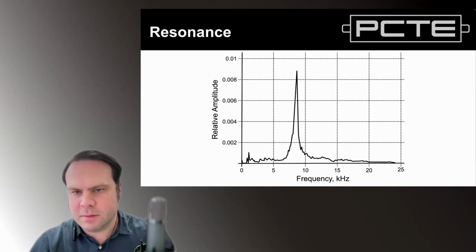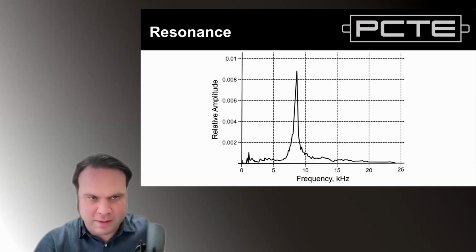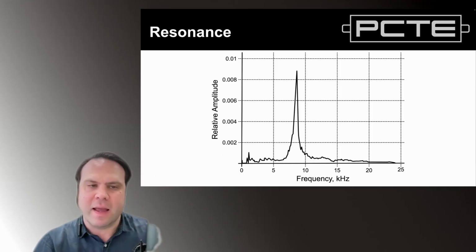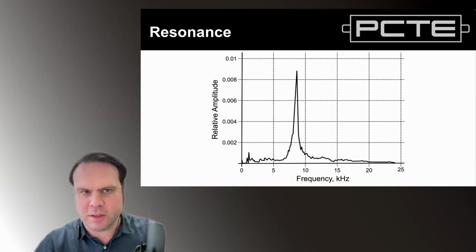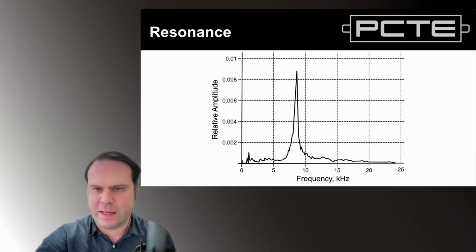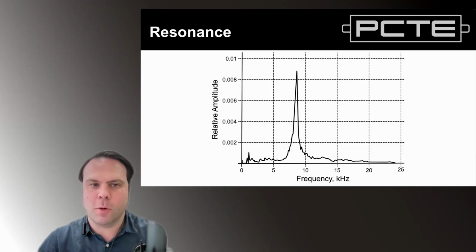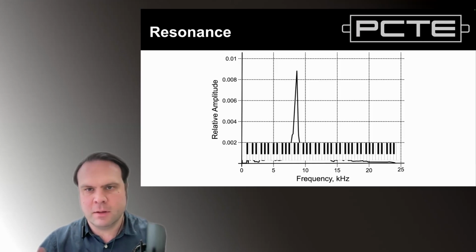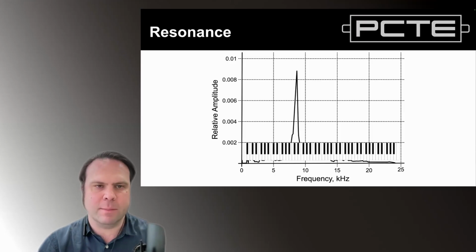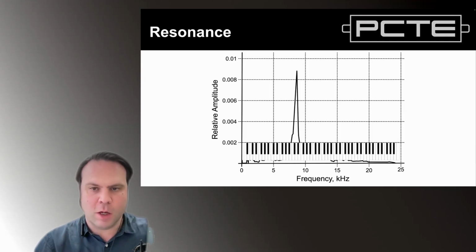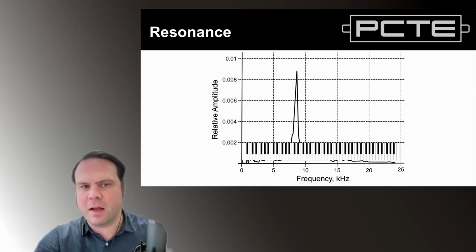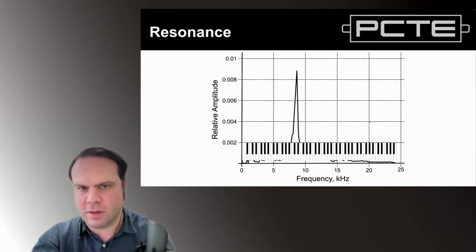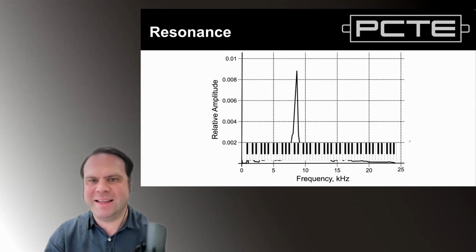So again, this chart is our chart of intensity of signal versus frequency. It's the main chart we review and interpret for impact echo testing. And if you want to look at this chart and understand it, the best model for it is simply a piano keyboard. We have our lowest frequency outputs on the far left-hand side, and our highest on the right.